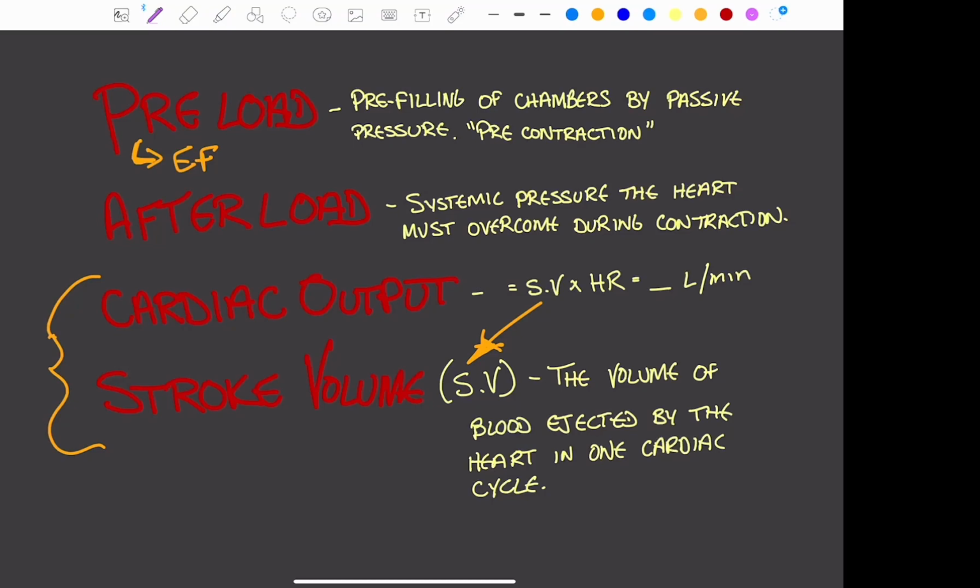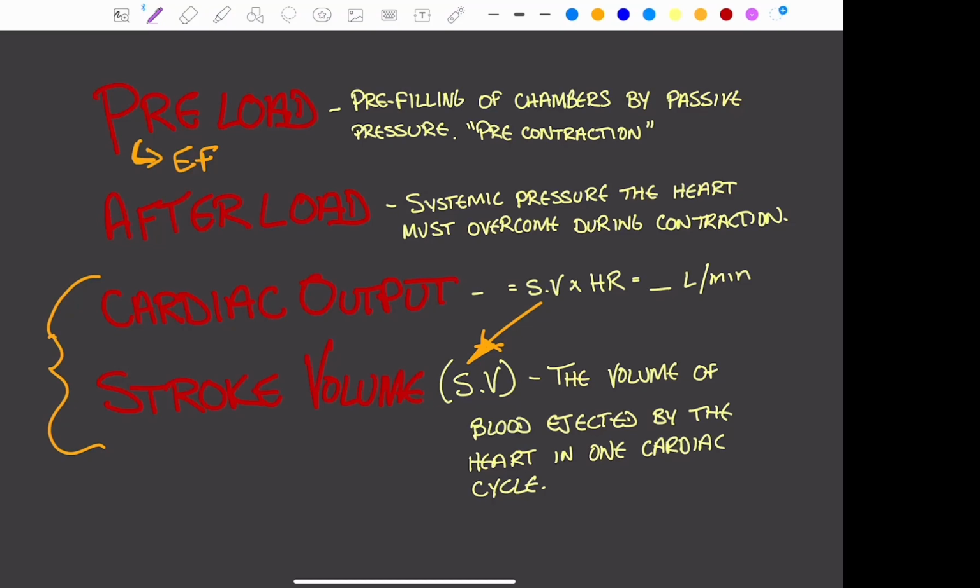It's important to think about how the heart compensates for changes in blood volume, or when a patient's experiencing some kind of shock state. The heart will try to modify some of these values or aspects to increase its response to a loss of blood volume.